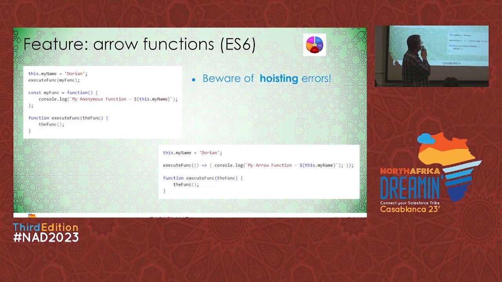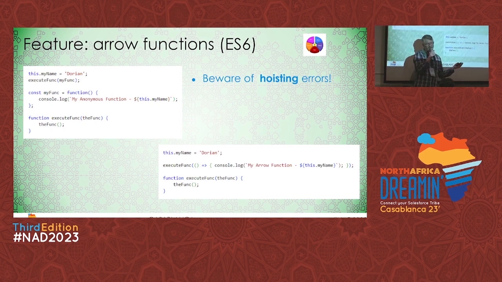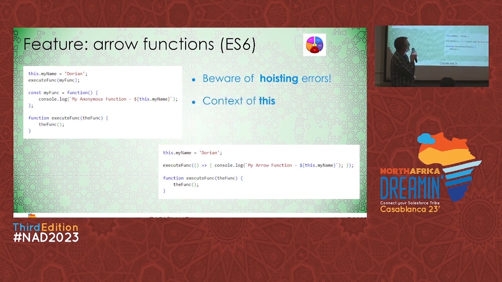You get into this strange issue of hoisting, which you might have come across in JavaScript with variable declarations as well. Function declarations are hoisted, function expressions are not. So what happens here is we're trying to execute a function before we've actually defined it, and that's going to give you an error. Here, we don't have that problem. We're passing our function directly in, no hoisting issues.